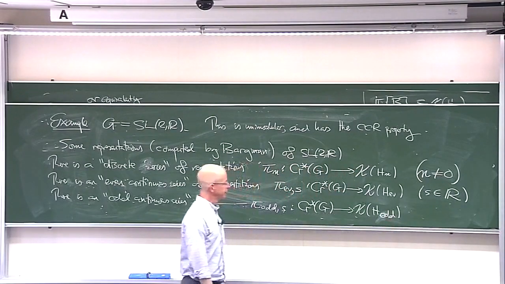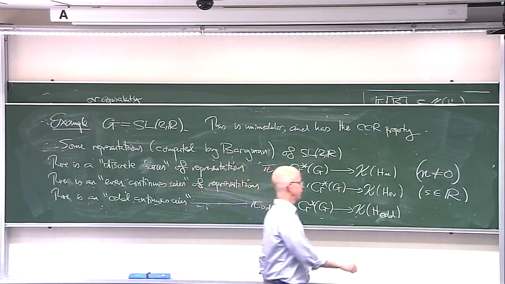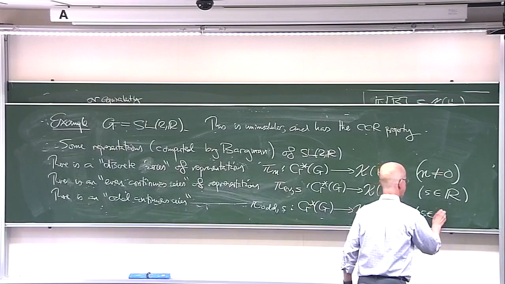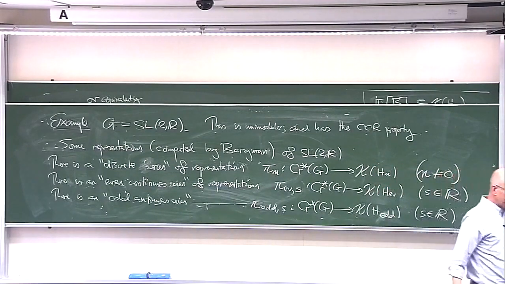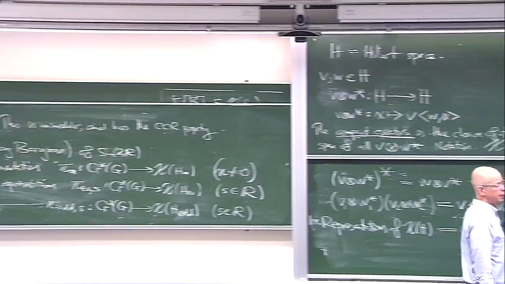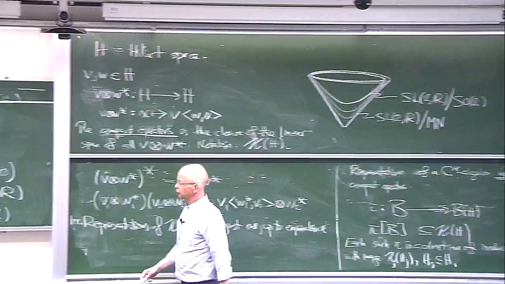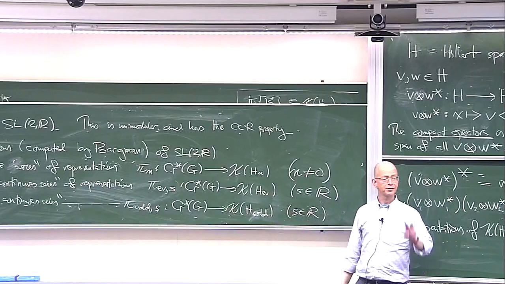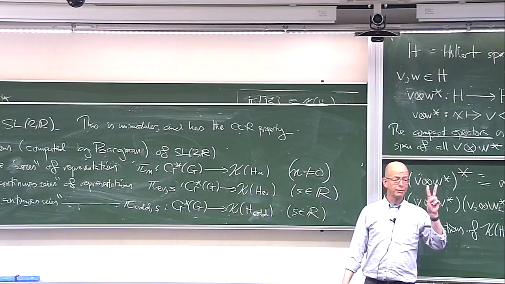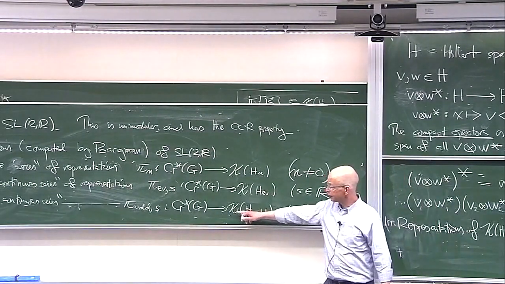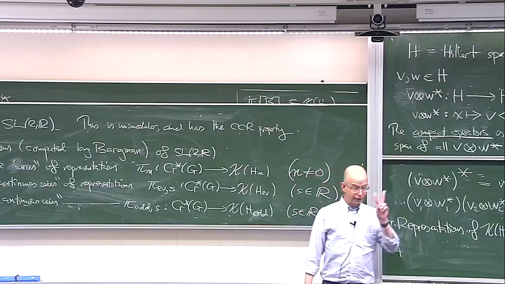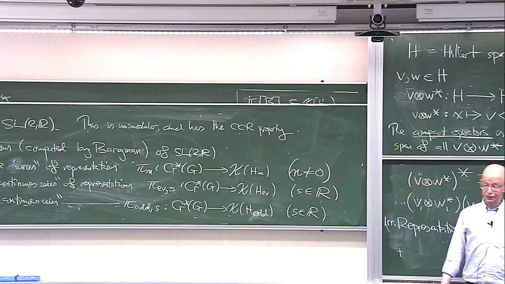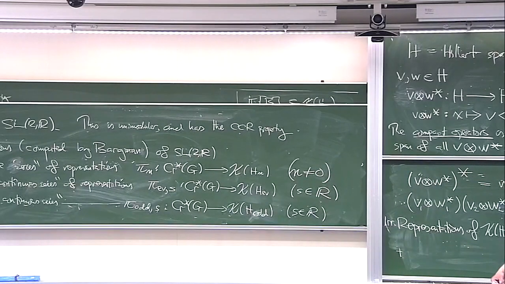In a natural way, you can identify all of the Hilbert space, and I'll call it H. There's a small footnote about the odd series, which is that when you get to s equals 0, the representation actually isn't irreducible. It's a direct sum of two irreducible representations.